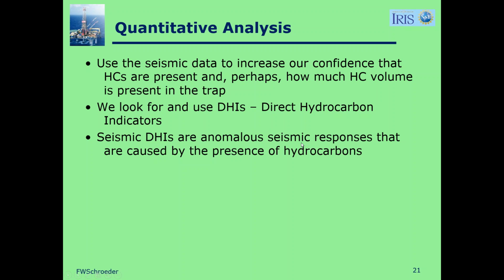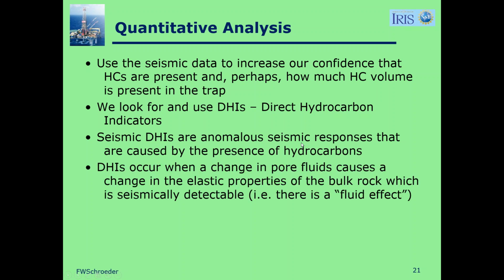And so a reservoir quality sand with brine in it will have different acoustic properties than the same sand with oil in it, and that will be different from the same sand with gas in it. Sometimes those differences are large enough that we can detect and measure those differences, and that's what can build our confidence.